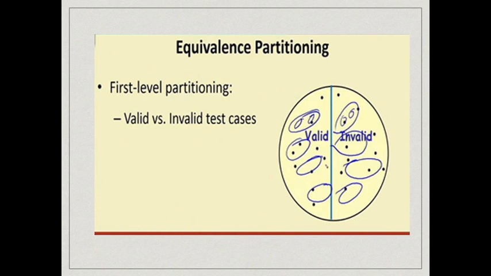So given a problem to design the equivalence tests, we first define two equivalence classes, the valid and invalid, and then look at the further division. The valid is divided into a set of equivalence classes, and each of these may again contain equivalence classes. We will look at that in the next lecture. Right now we are almost at the end of this lecture. Now we will stop here.